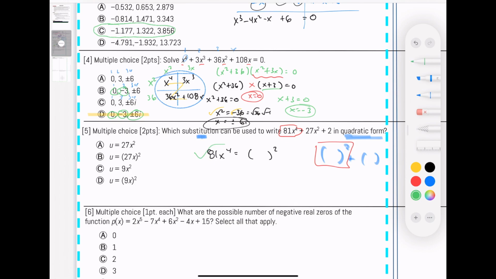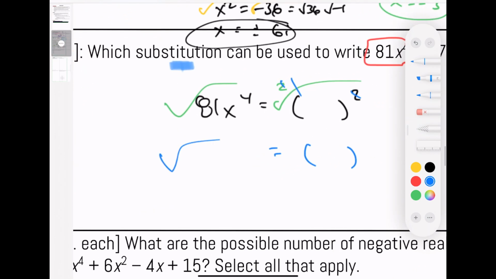And if I take the square root of both sides, remember the 2 and the radical sign go away, so you're just left with the parentheses, which we want. And in here, this is just 9 squared and x squared. What does that mean? This and this can come out, so you're just left with 9x squared.